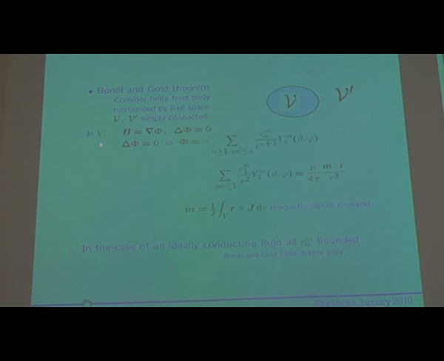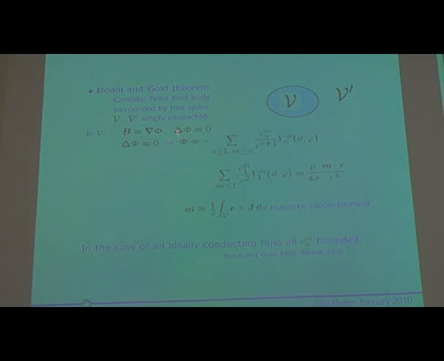Then outside, in V', the outer space, you have curl B equal to 0, and if you have a simply connected space, it is equivalent to B equal to gradient Φ, with Φ satisfying the homogeneous Poisson, that means the Laplace equation.